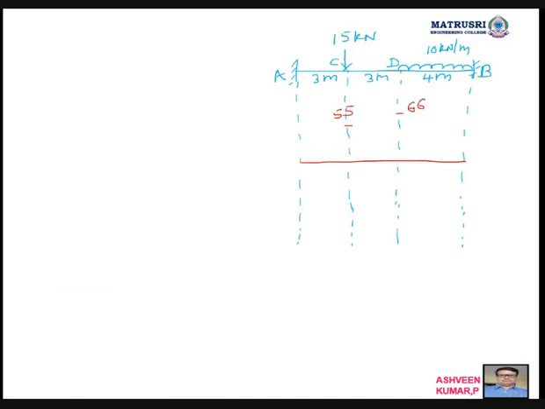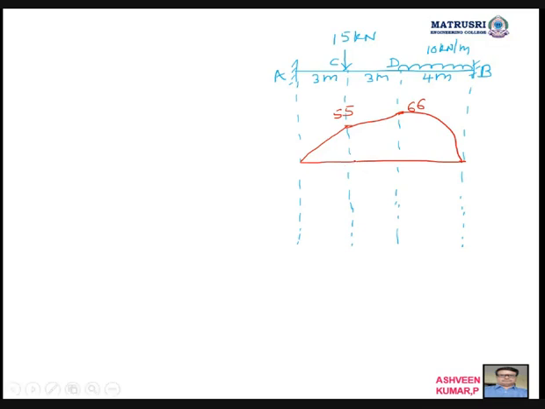Okay, 66. So here, what is the loading in between? No load. So no load means what will happen? Linear. From here to here, no load, linear. From here to here, UDL. UDL means you'll get here a parabola.